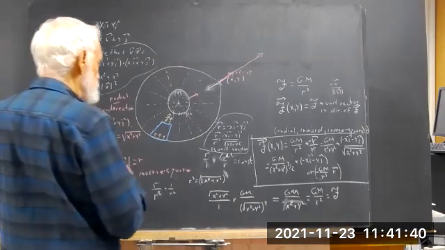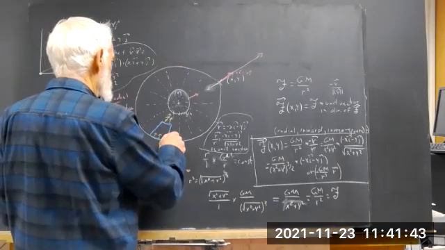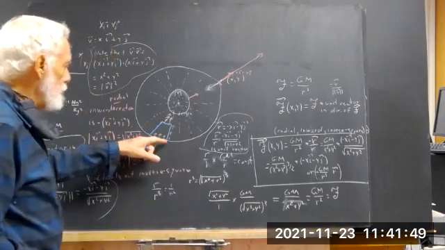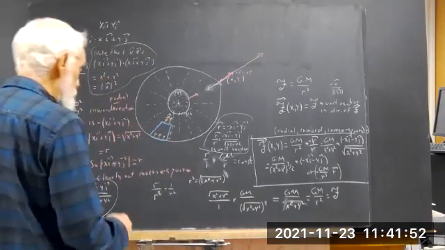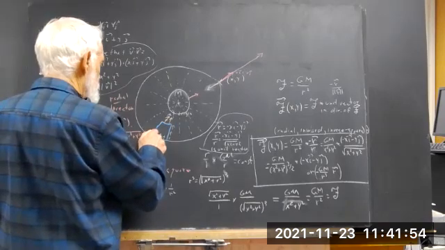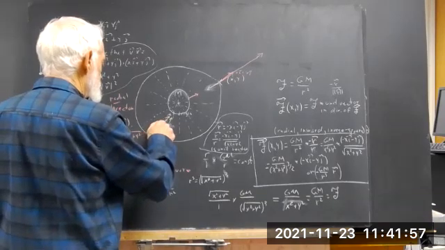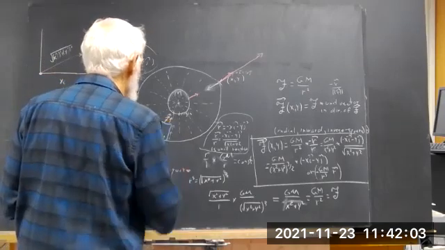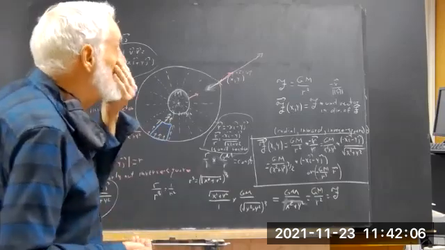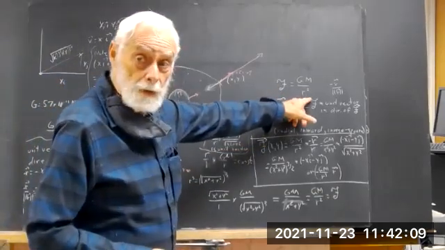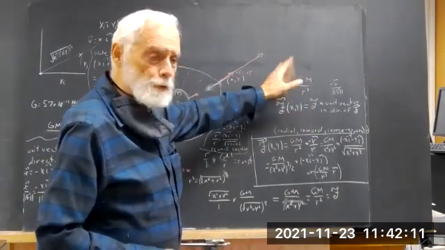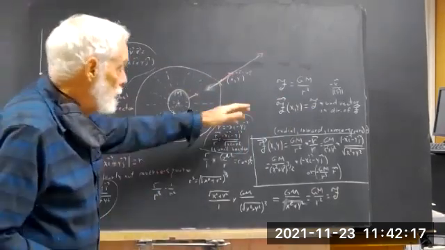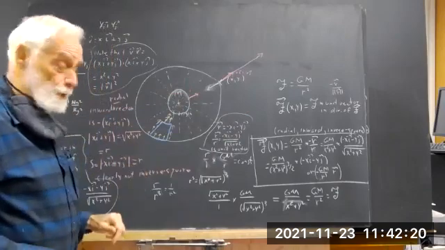Then you have these increasing forces as you move from here to here, and you have increasing forces as you move from here to here. According to this law, the magnitude of F depends only on how far you are from the origin, and the vector F is always directed toward the center.